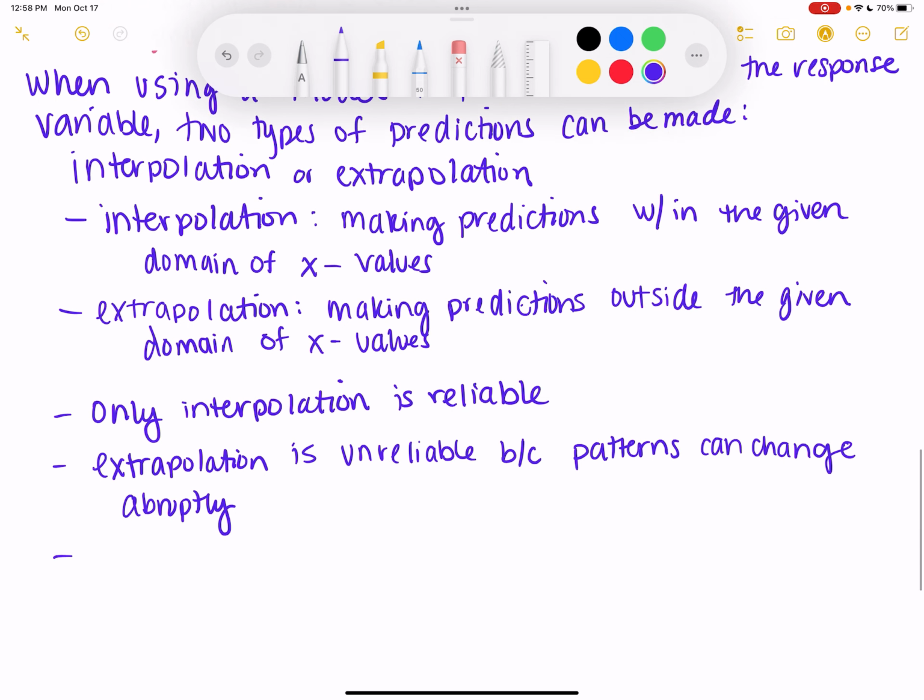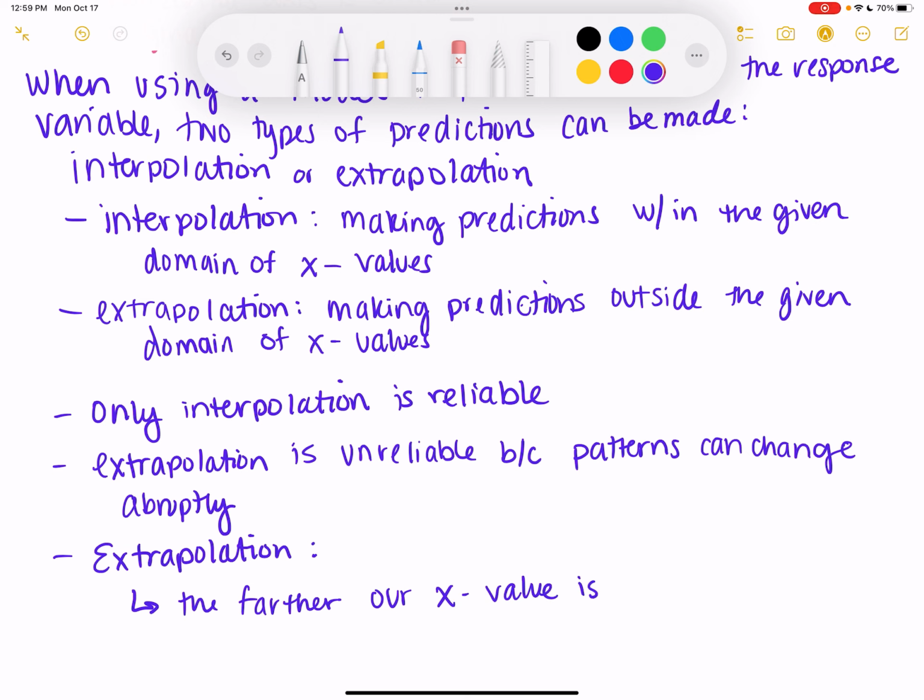And so then some stuff about extrapolation. The farther our X value is from the mean of X, the less we trust our predicted value.